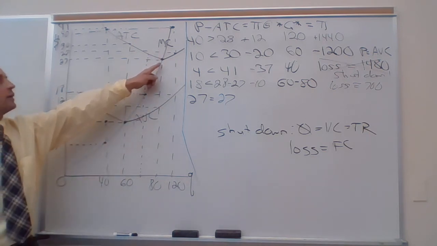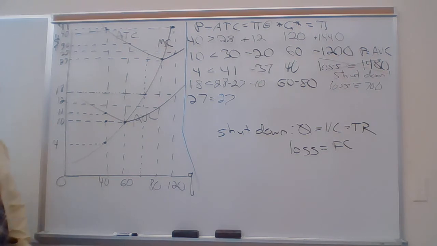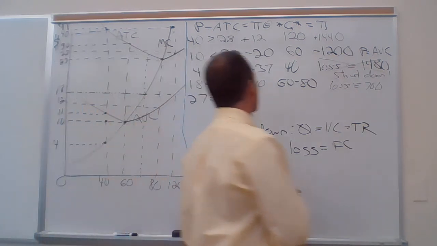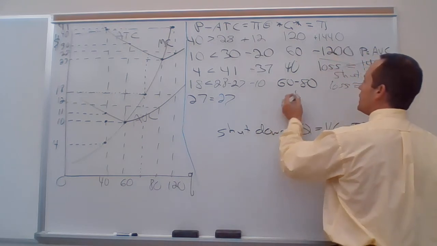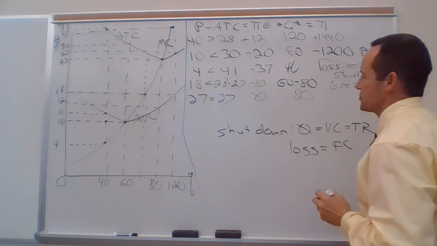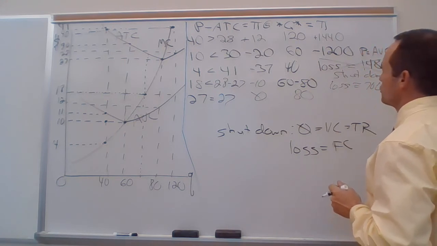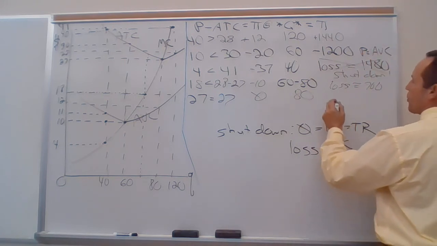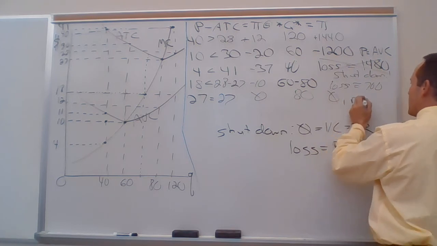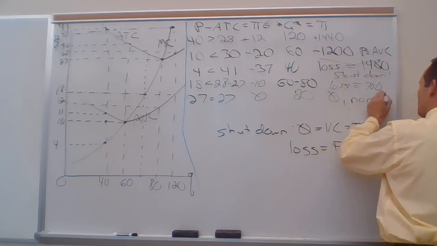So right here, this would be the long run outcome. So at price of 27, each company would make 80 units, and they would have no uncovered costs. They would have no extra monies. So the profit apiece would be zero. The overall profit would be zero. In economics, we call that a normal profit.